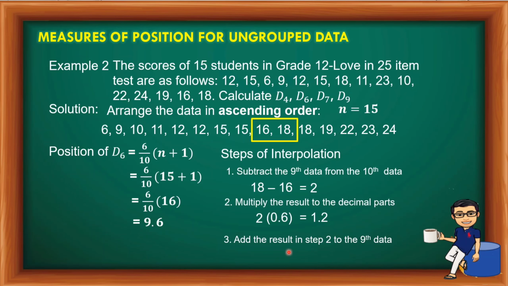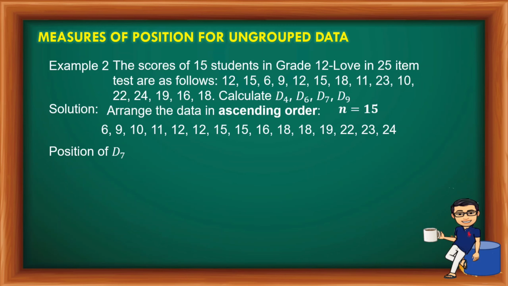Then, the third one is add the result in the step 2 to the 9 data. Ito yung step 2 result. 9 data. Ito tayo, basta yung mababa sa dalawa, plus 16. So, the answer is 17 and 2 tenths. Therefore, our decile 6 is 17 and 2 tenths. How about decile 7?